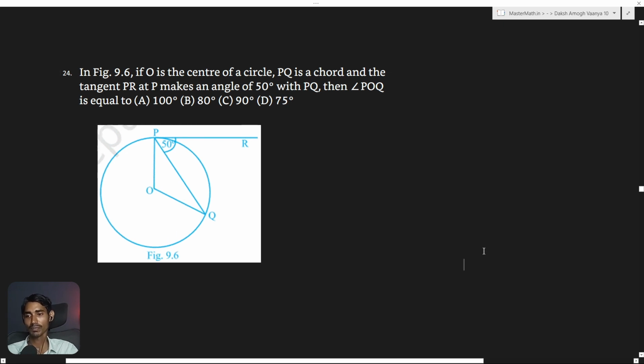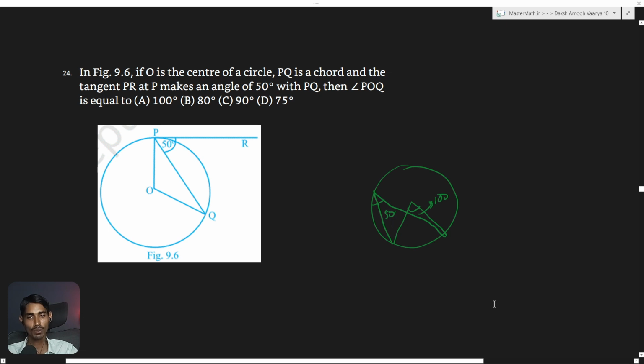Try this. Just a moment. Do you know angles in the same arc are the same? But this angle at the center and at any other point you draw would be half of what is at the center, right? If this is 100, this would be 50. Are you aware of this? Ninth grade.